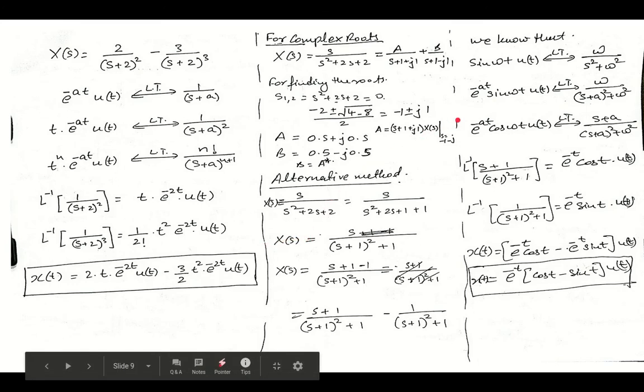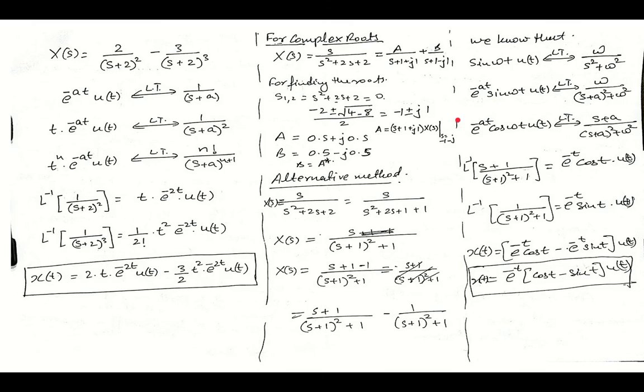Okay, now the third is for complex roots. Now for complex roots calculation, there are two methods. Firstly, we have to understand this through a numerical only. So if we are given Xs is equal to s upon s square plus 2s plus 2, we can write it as A upon s plus 1 plus j1 plus B upon s plus 1 minus j1.